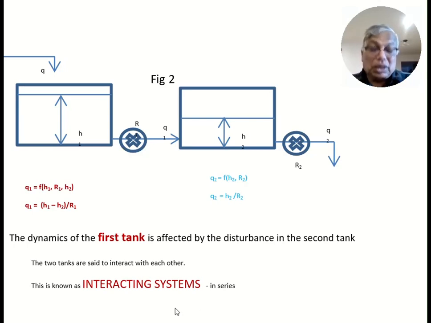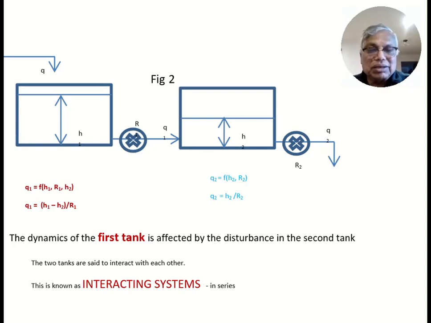I used to ask many students: what are interacting systems and what are non-interacting systems? Most of the time, 95% of the answers I got were: sir, in non-interacting, the liquid outflow from the first tank discharges into the top of the second tank, whereas in interacting tanks, the liquid outlet from the first tank is connected to the bottom of the second tank.